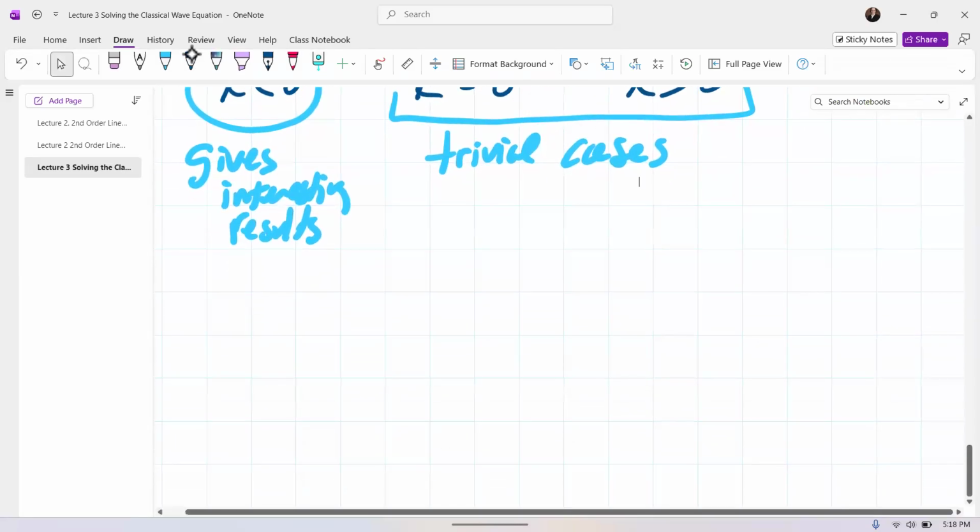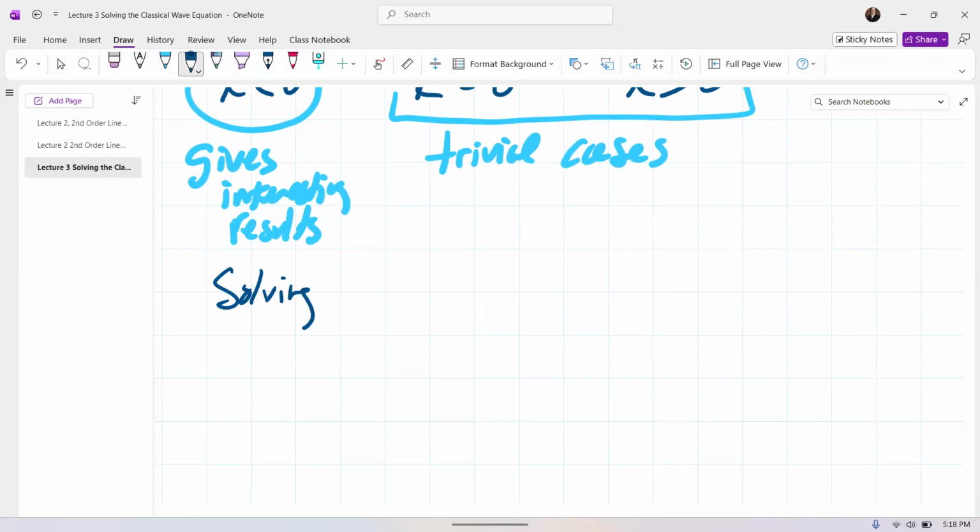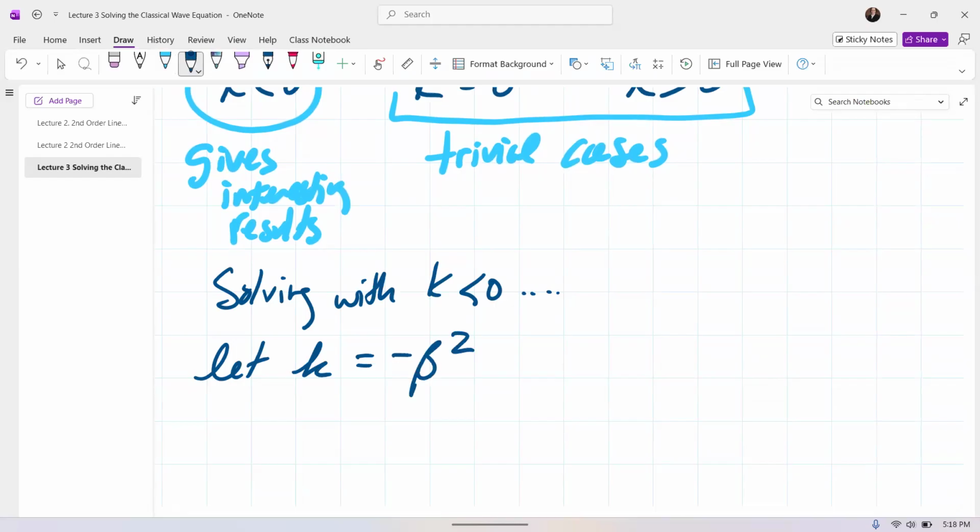Let us then go ahead and do it. All right, so solve it with k less than 0. Let k equal negative beta squared. Why?